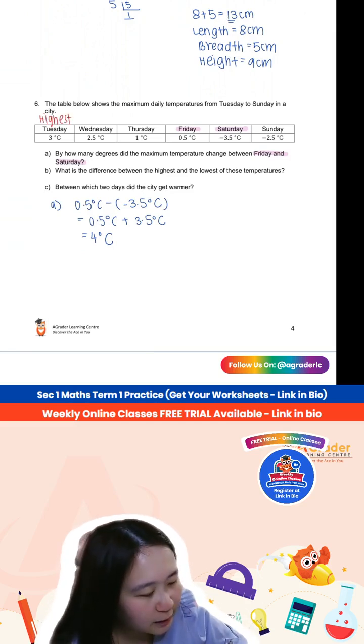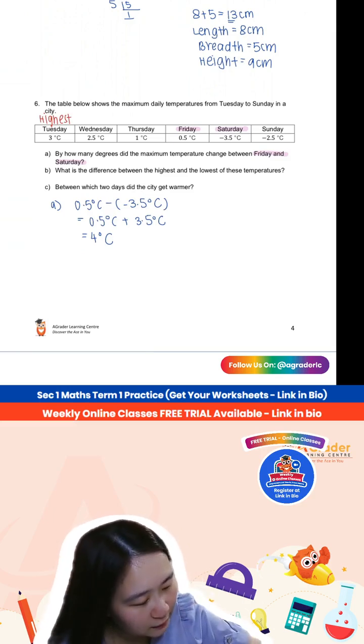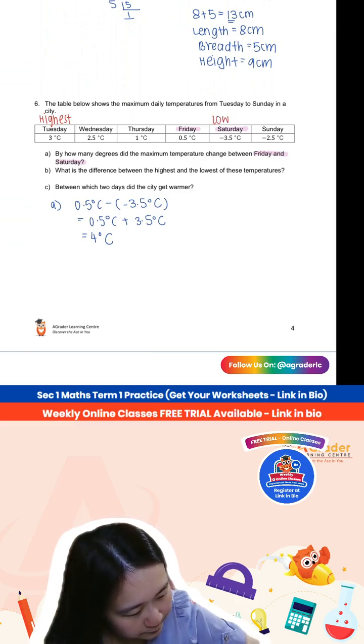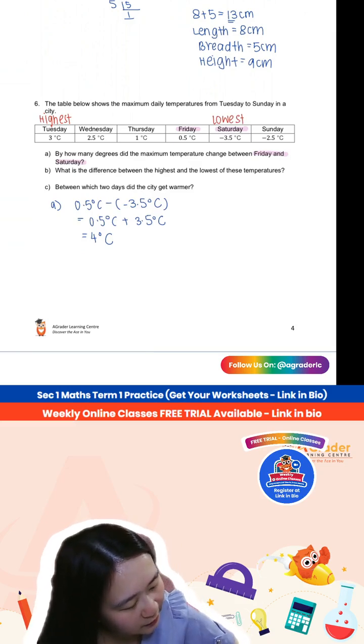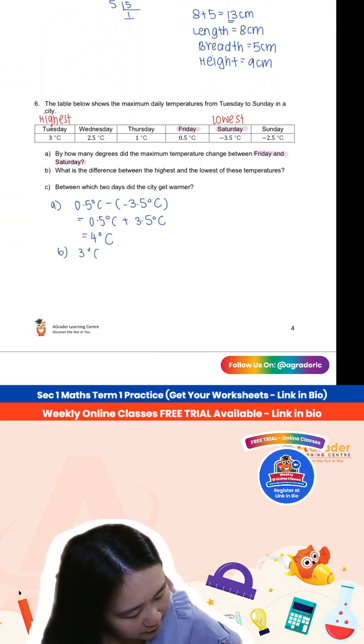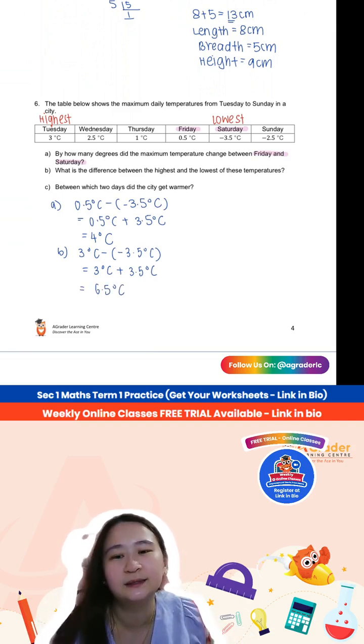The lowest temperature must come from the negative, so the greater negative number would be the lowest temperature. Same thing, we take the bigger number, 3 degrees Celsius, minus the smallest number, negative 3.5 degrees Celsius. So it's 3 plus 3.5, I get 6.5 degrees Celsius.